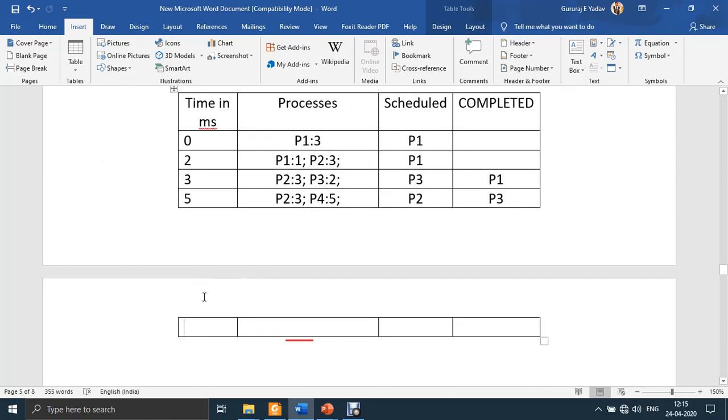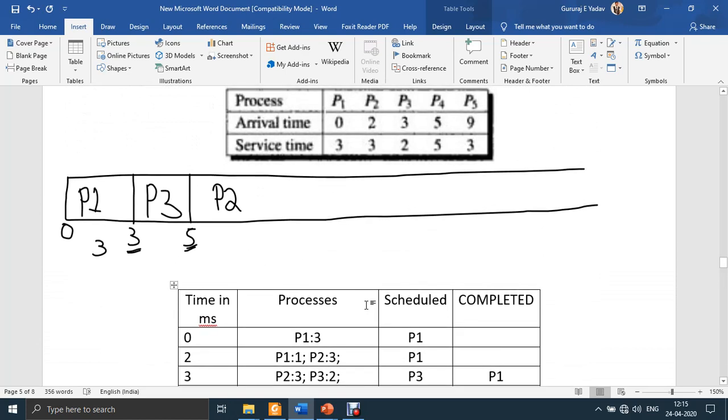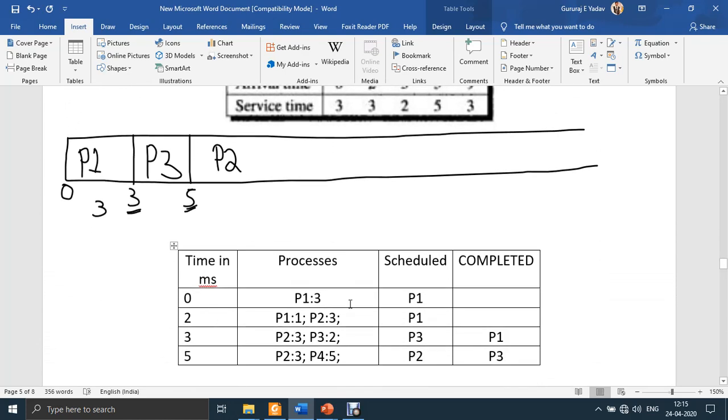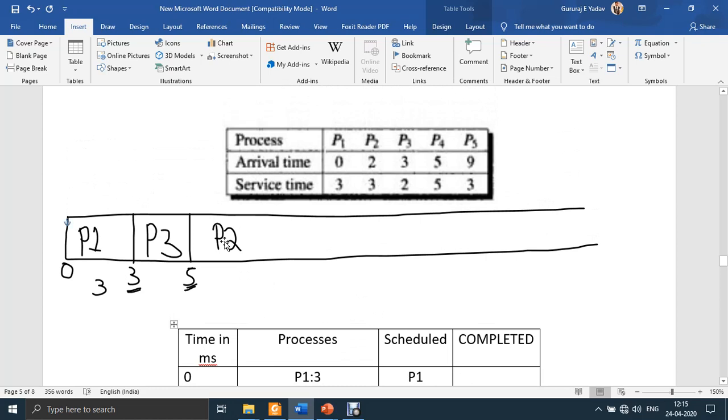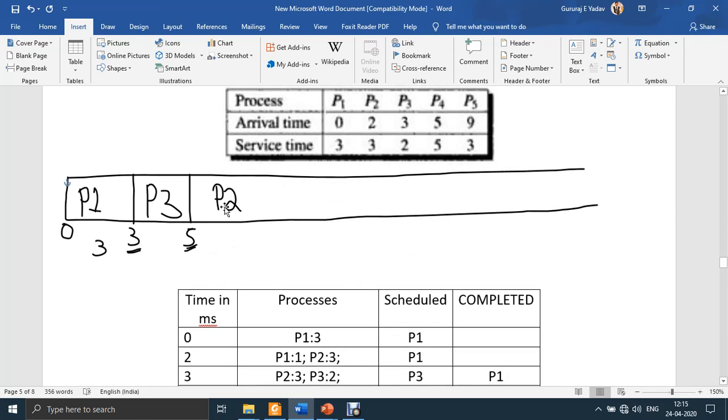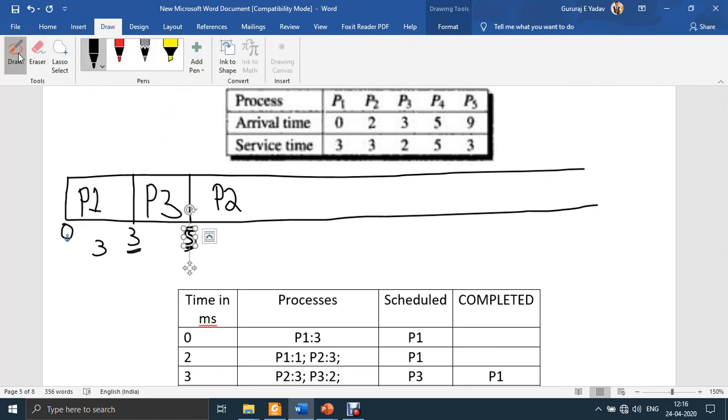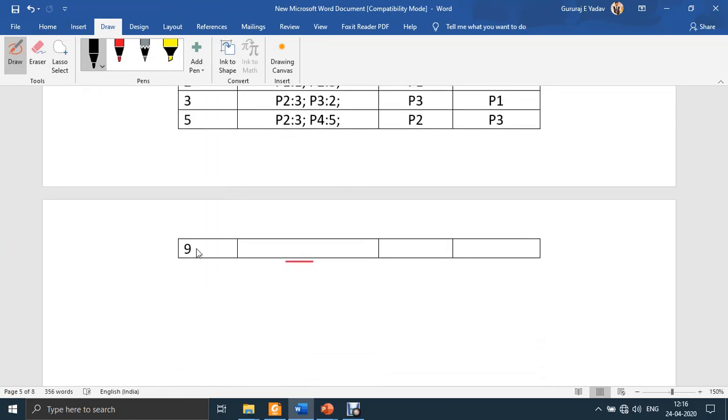Can I write 9 here? No, I cannot directly consider the time instant 9, because you have given the chance to P2 to execute, and P2 requires only 3 milliseconds. So P2 actually completes at 5 plus 3, which is 8. P2 will complete its execution at 8 milliseconds. So the next time interval you have to consider is not 9 but 8.